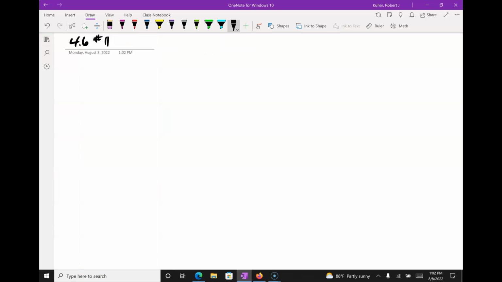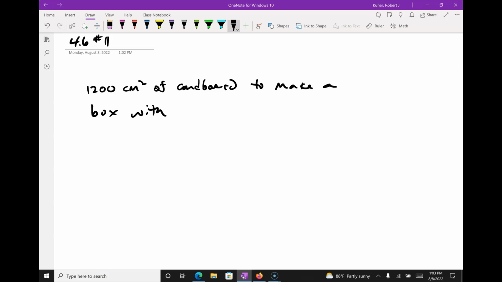It says I have 1,200 centimeters squared of cardboard or material to make a box with a square base and an open top.